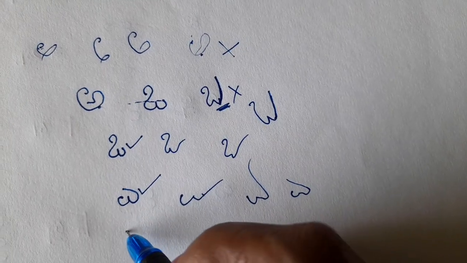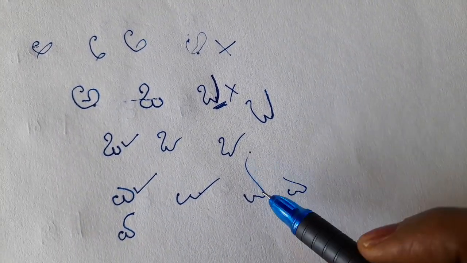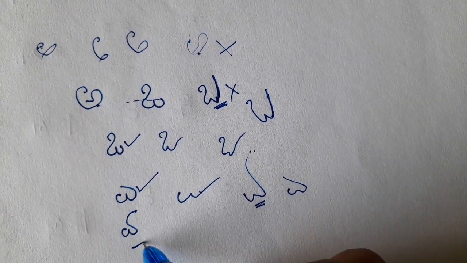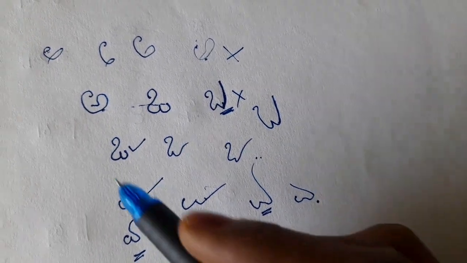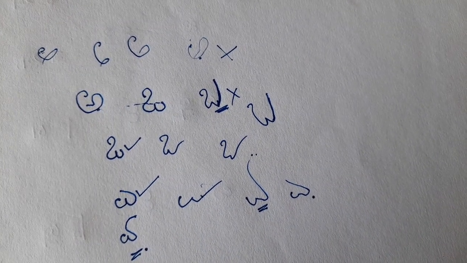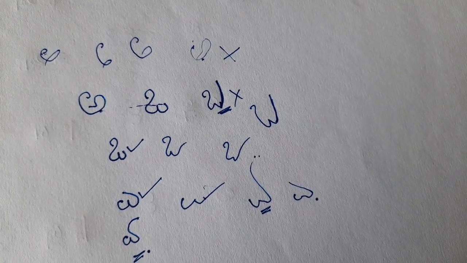So this is one letter and this is another. If you pull this letter line up, then it can be mistaken for the other. So avoid all these mistakes and write in a proper way. Practice writing in a correct way. So avoid all these mistakes while studying the Swaragalu.